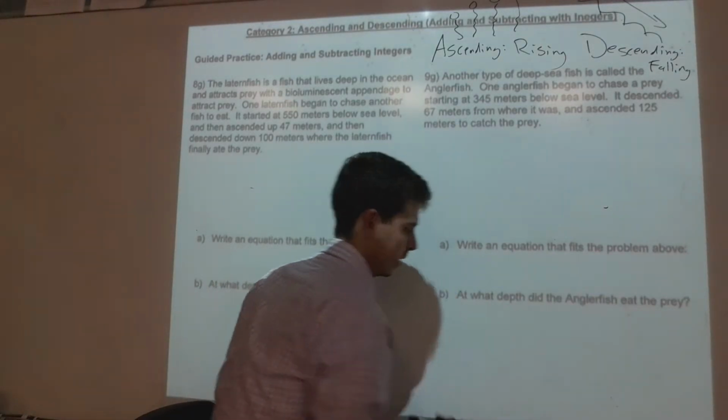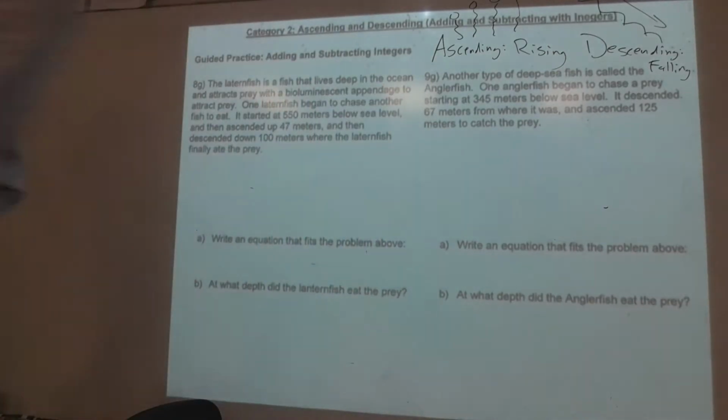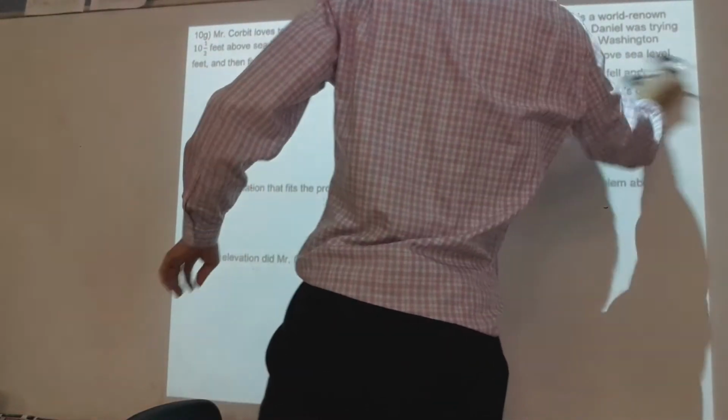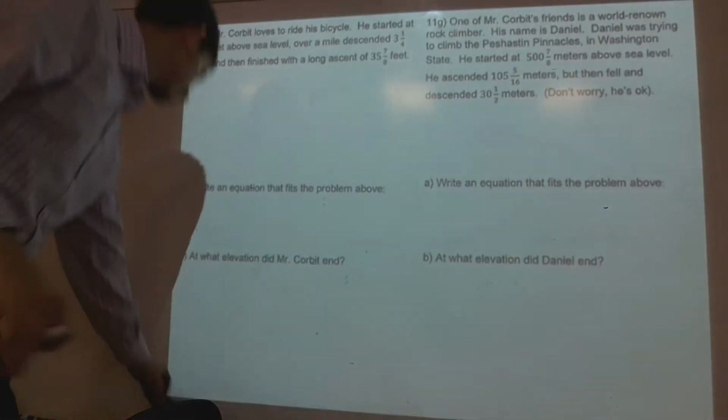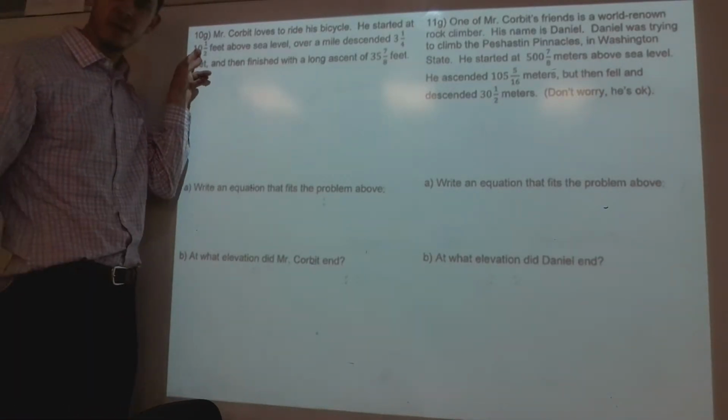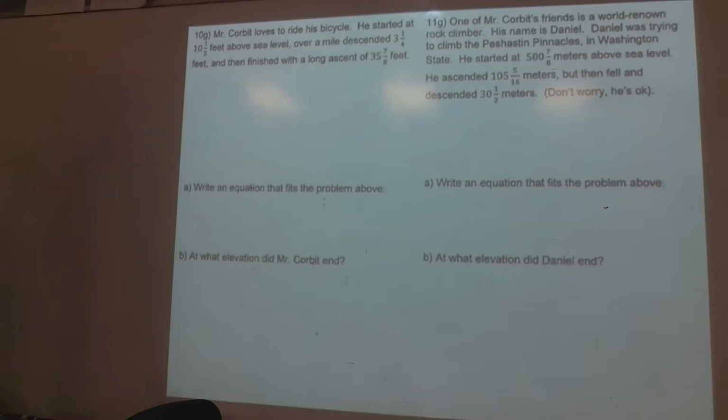Okay. Let's go to the next slide. Next two problems here. So, Mr. Corbett loves to ride his bicycle. He started at 10.5 feet above sea level. Over a mile, he descended 3 1/4 feet and then finished with a long ascent of 35 and 7/8 feet.